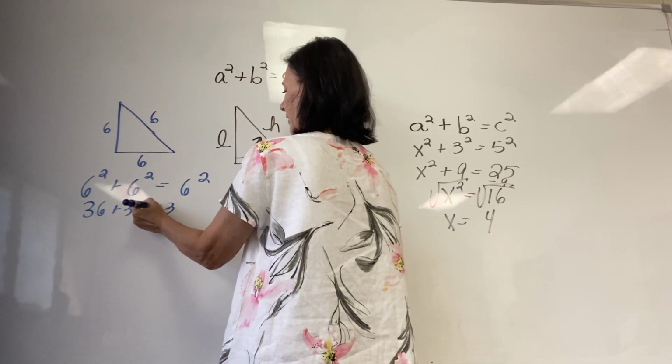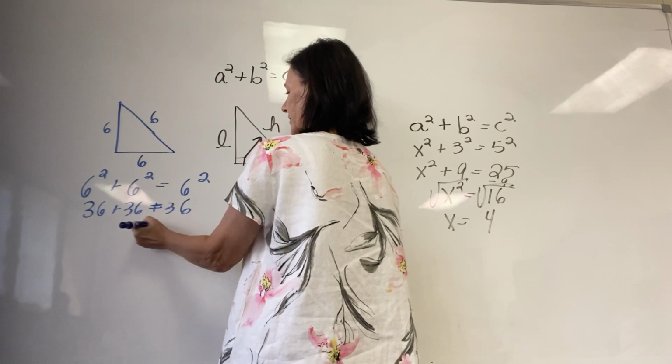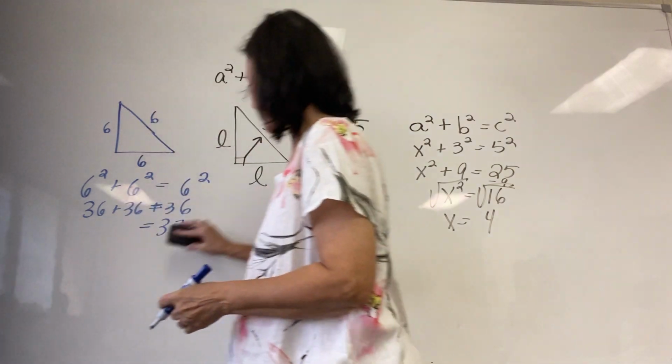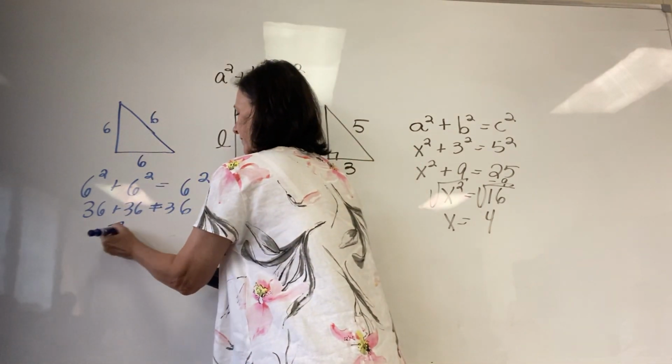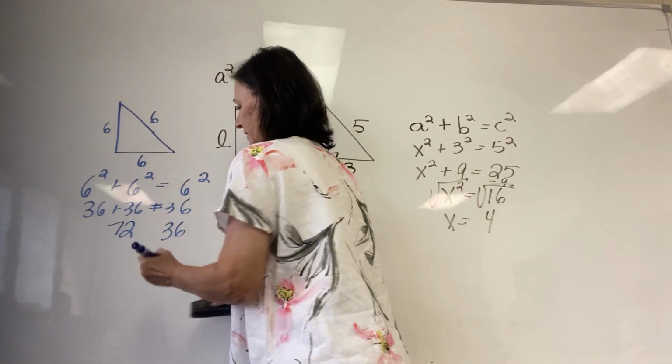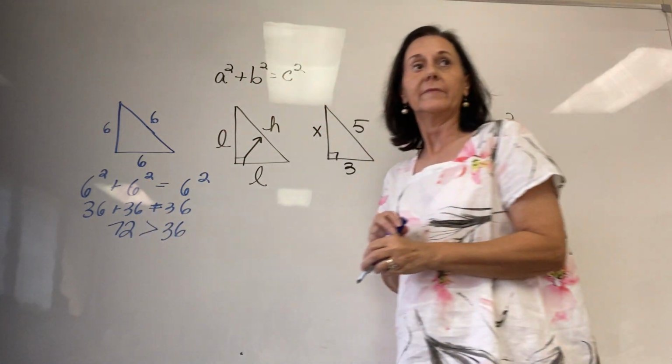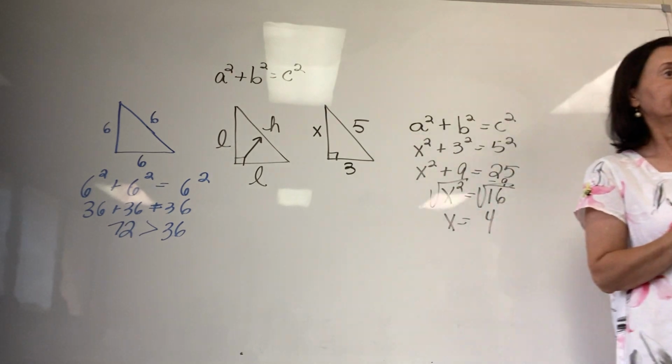What's 36 plus 36? 72. So 72 is greater than 36, right?